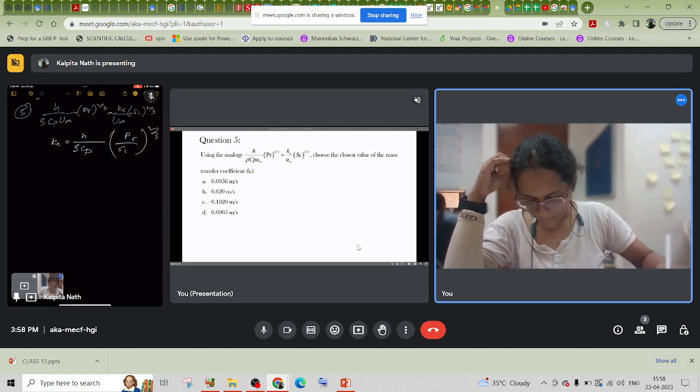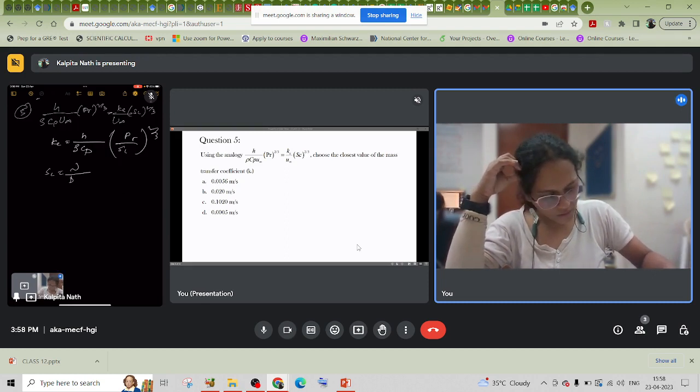Okay. So Schmidt number is equal to nu upon DAB, that we already know. Nu is given as 1.569 × 10⁻⁵ upon DAB, which is 9.62 × 10⁻⁶. That is 1.63.